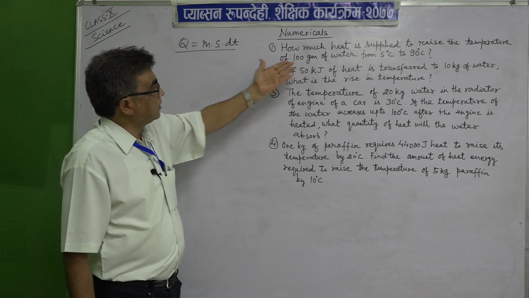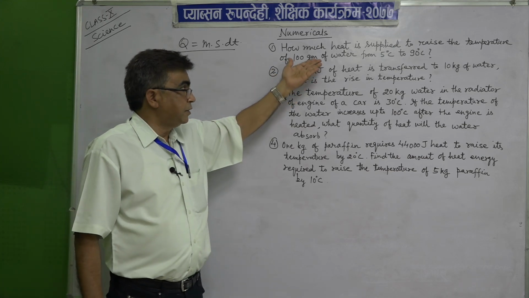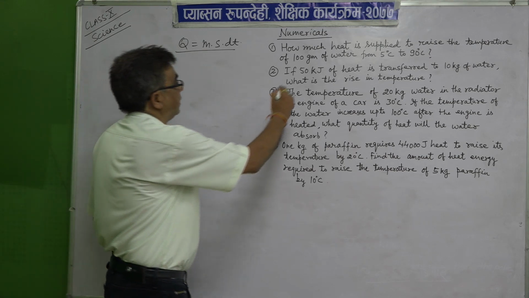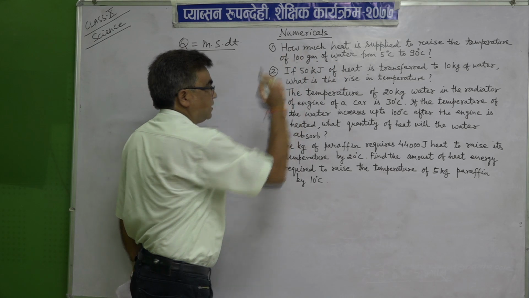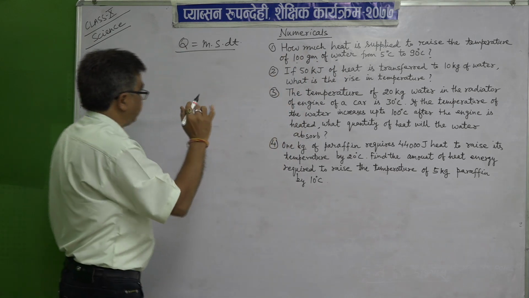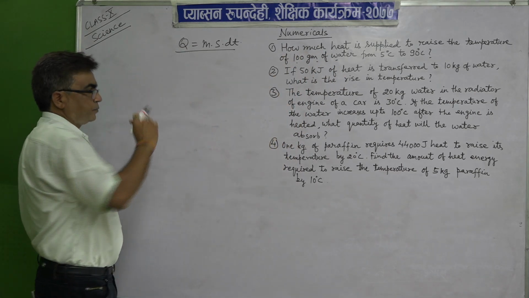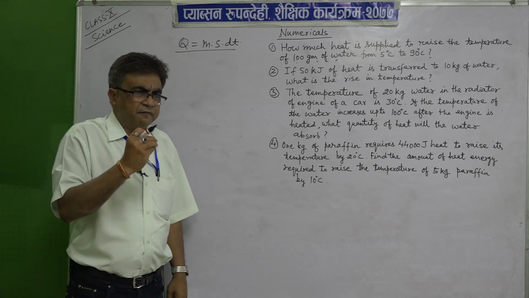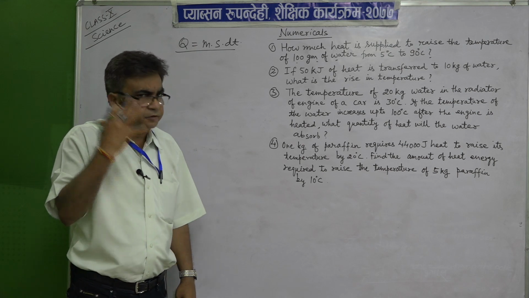Clearly note down what the given things are in this question. 100 gram of water is the mass of water. I am going to solve the question, but I won't write each and every word; you try to understand.